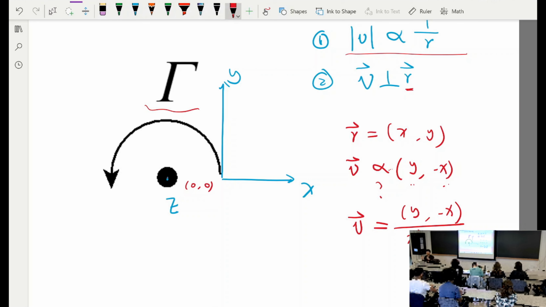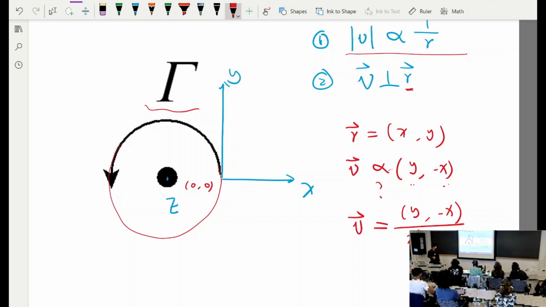So how do we denote the strength of a vortex? We denote the strength of the vortex by its circulation. So gamma is the circulation. The circulation means if you take a circle, that's where the circulation comes from, and integrate the velocity along this circle, that should equal gamma.